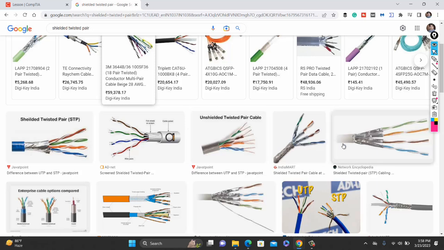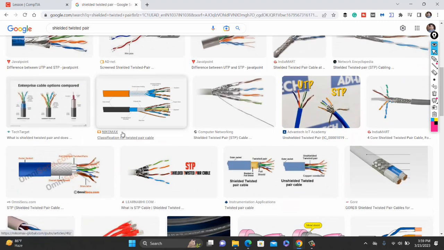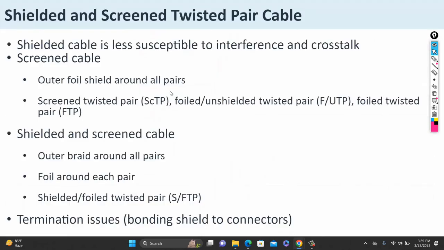Double shielded means one shield on every pair and another shield around all of the pairs. So this is not going to be affected by external interference or crosstalk.